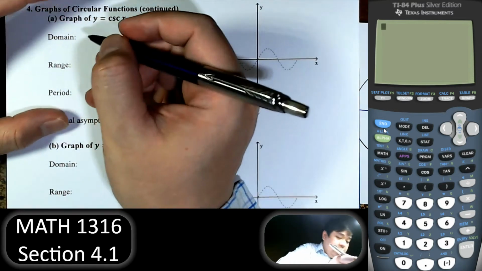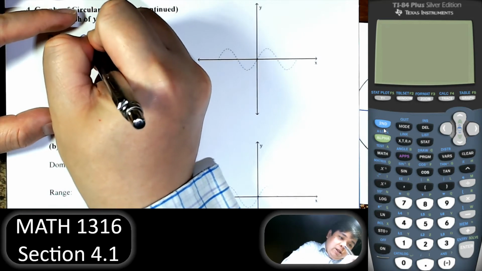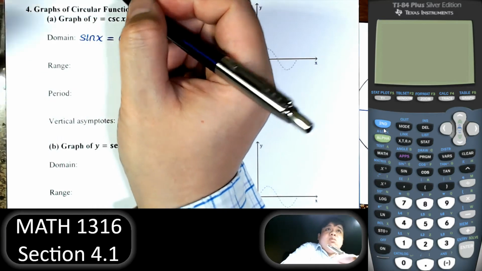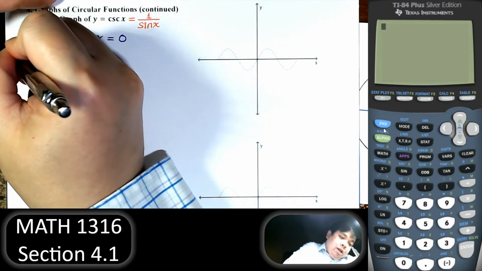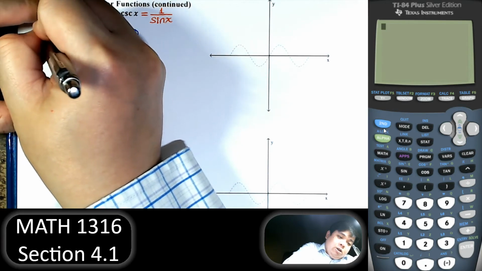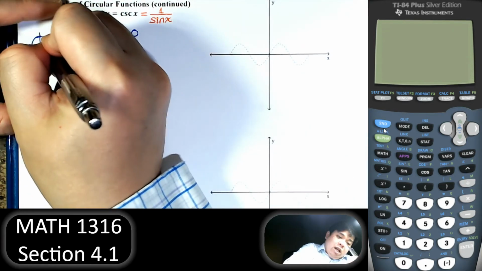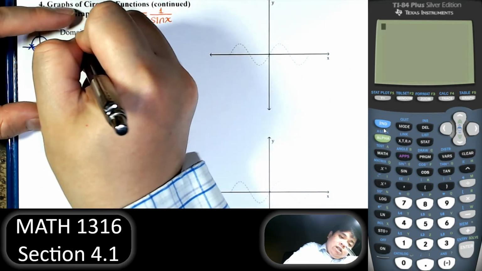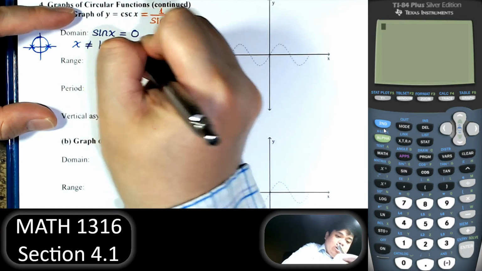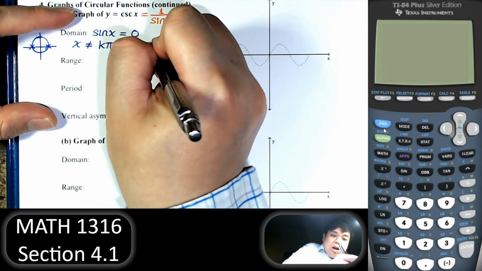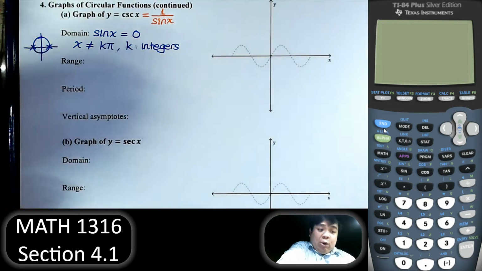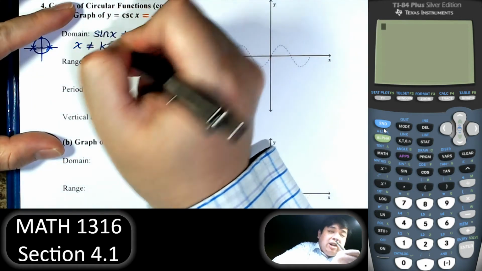So the domain is whatever the values are, but sine x cannot be equal to 0. Otherwise, division by 0 is undefined. So the domain is on the unit circle. We cannot have these values where sine is equal to 0. So we can say x is not equal to k pi, where k is an integer, because those values give us sine equal to 0, and division by 0 is undefined, and we cannot have that.